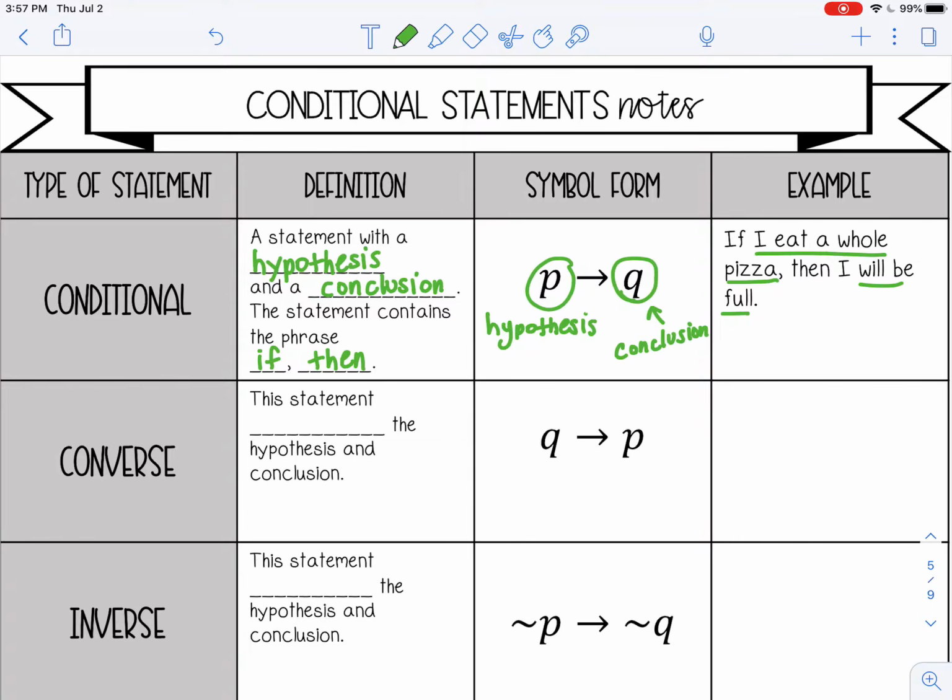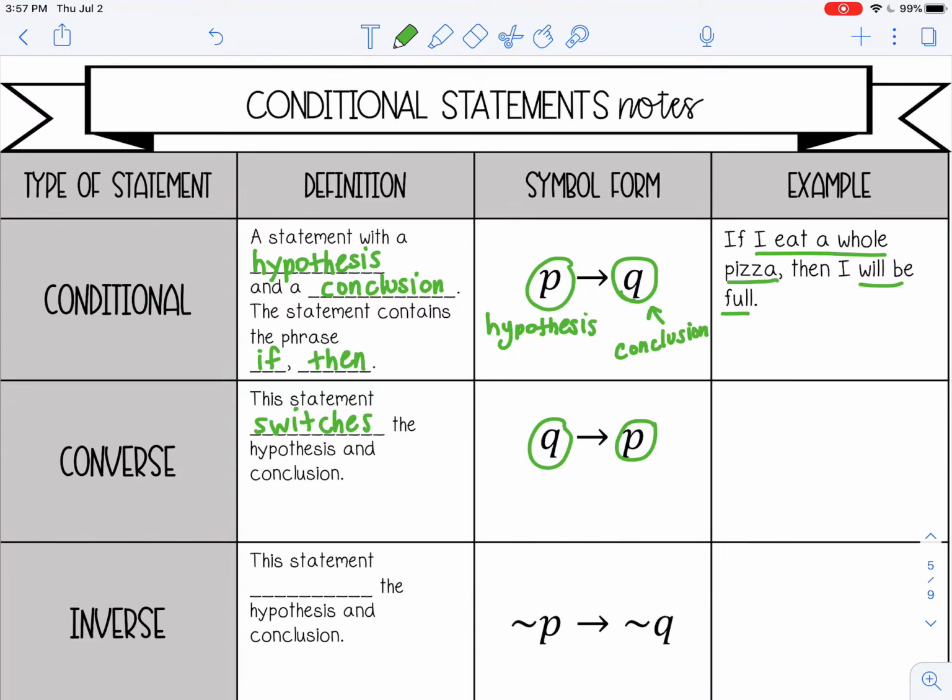So there are different types of conditional statements. There are 3 different types that we are going to discuss. The first type is the converse of a conditional statement, and that is where you switch the hypothesis and the conclusion. So you can see these letters are now switched.